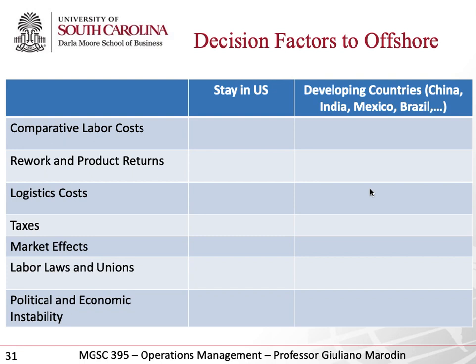Brazil, I know, has a higher tax per product, but the cost of the product is a lot lower because of labor cost. So total taxes, you're going to pay a lot more in the US than in other countries because of the unit cost of each product.